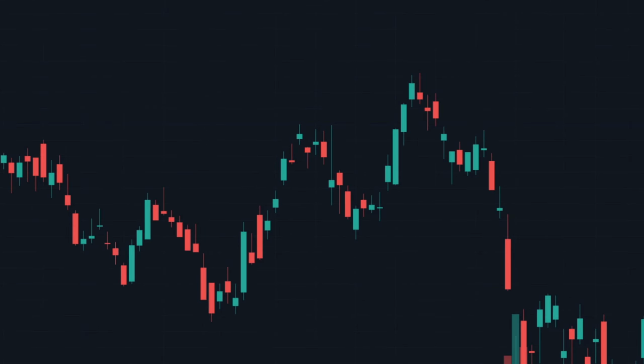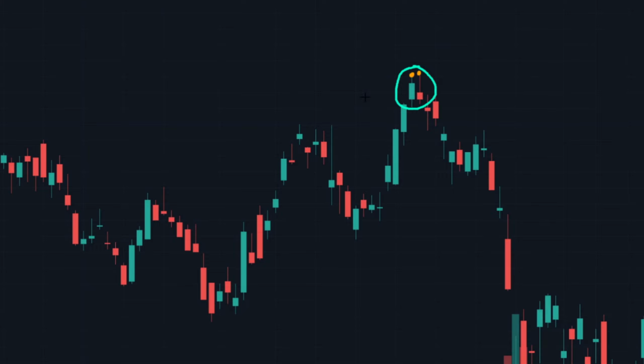Let's take a short look at one more example. Can you try to spot the tweezer top here? Well, I might have been a bit harsh on this one because the pattern I'm thinking about is actually this one right here. And in this case, they are actually supposed to touch the same level, but the levels are a bit different. But as for all candlestick patterns, we need to not think in very, very strict terms.